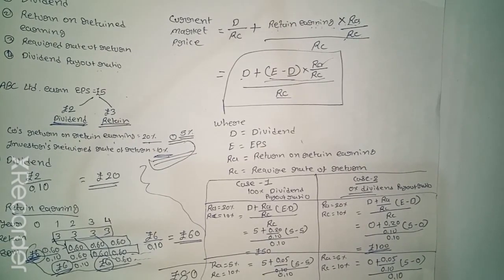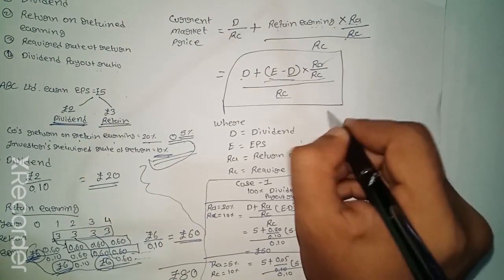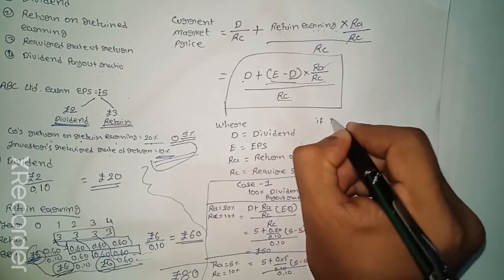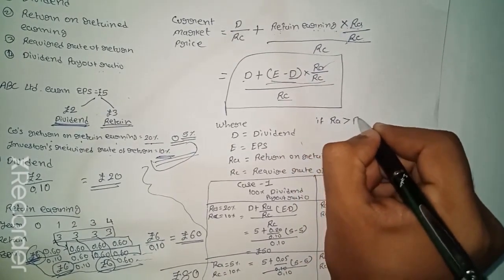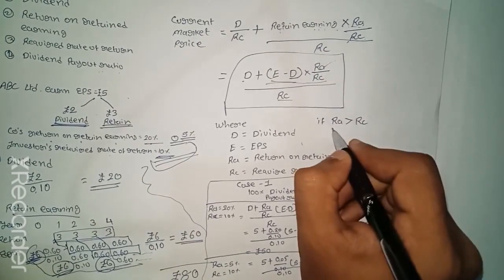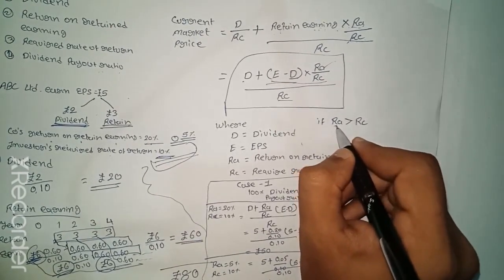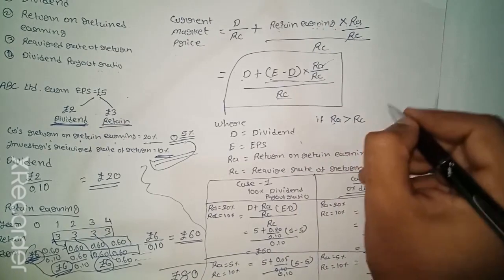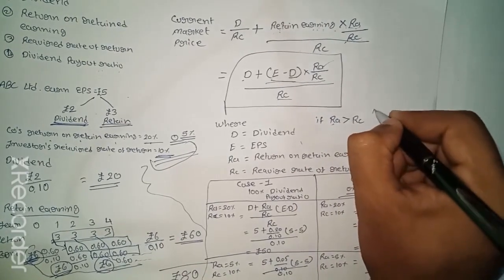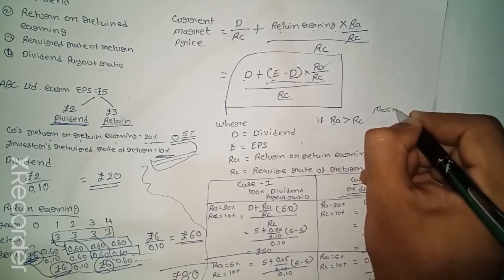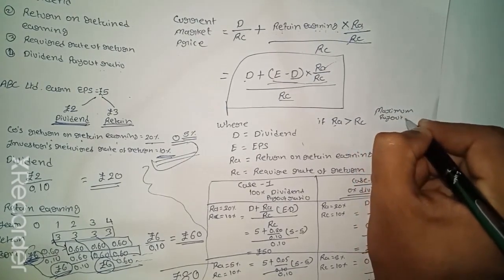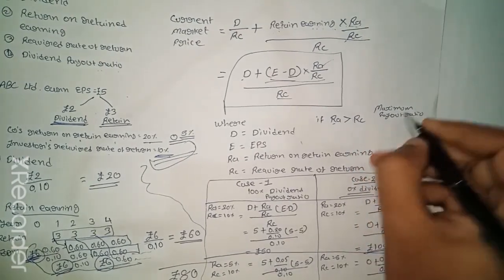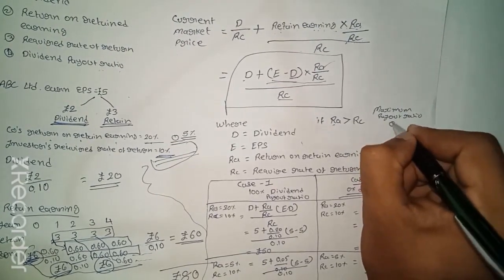So we can say that if RA is more than RC, means return on retained earning by company is more than required rate of return, then maximum payout ratio should be 0.